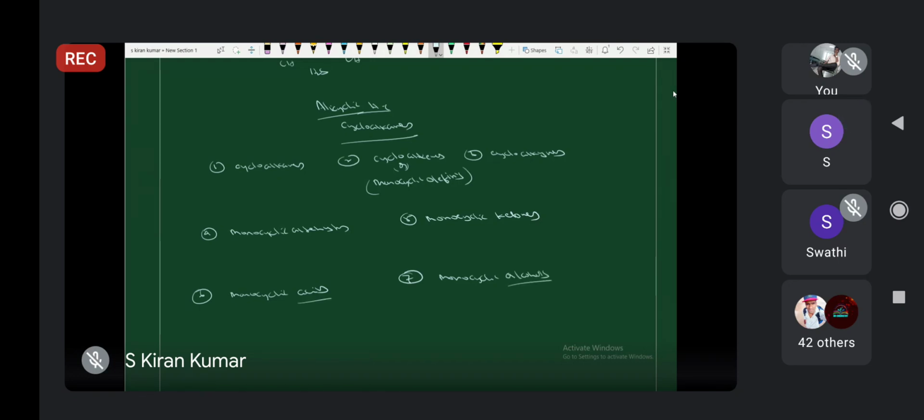Monocyclic alcohols, aldehydes, ketones. Monocyclic ethers, monoethers means one oxygen.